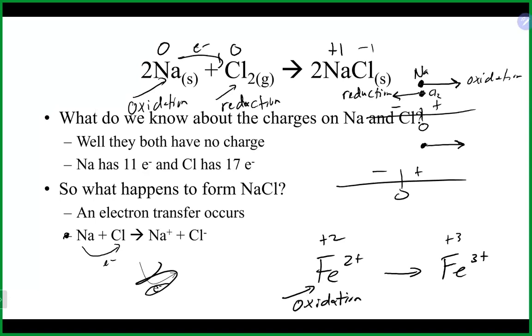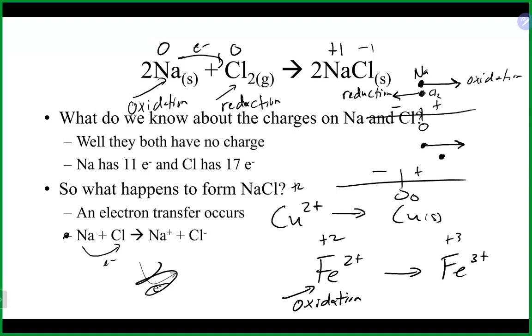Yeah. What happens if I had, say, copper 2 going to solid copper? No charge. Oxidation or reduction in this case? So let's see, it is starting at +2, which would be about here, right?